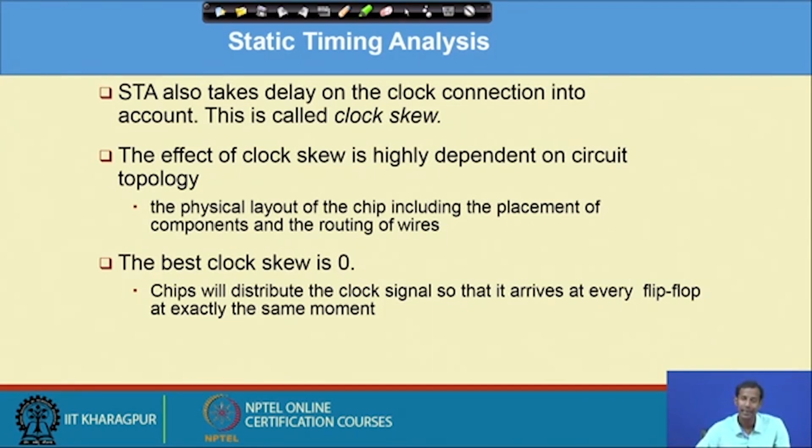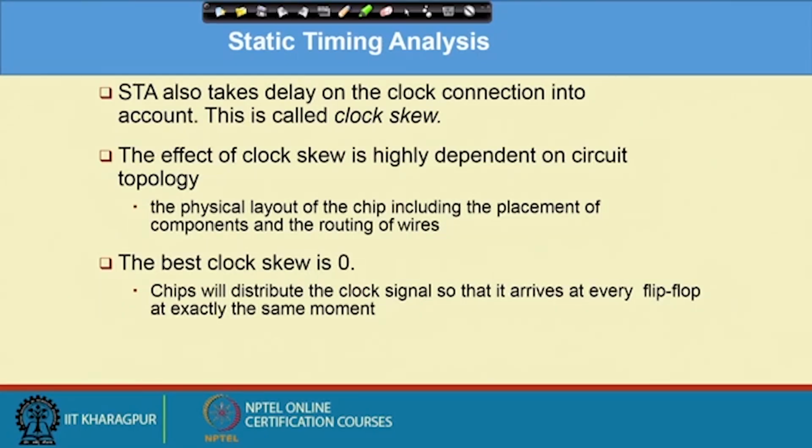Okay. But in the ideal case, if we consider clock skew is 0, that means each of the sequential elements has been connected to the clock in a uniformly distributed network. That means the clock connected to the first element and the clock connected to the farthest element take the same amount of time.